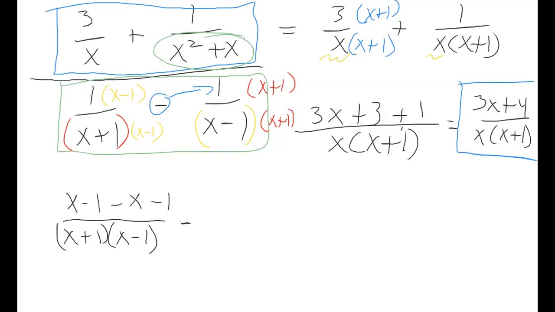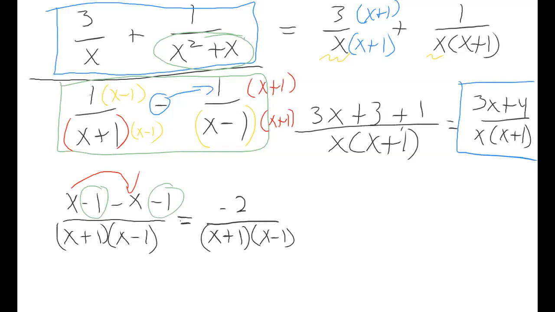Now, again, combine like terms, so this denominator becomes x plus 1, x minus 1. Notice x minus an x, the x's cancel, right? And then negative 1 minus a negative 1 becomes a negative 2. So I finally simplified the green box down, right?